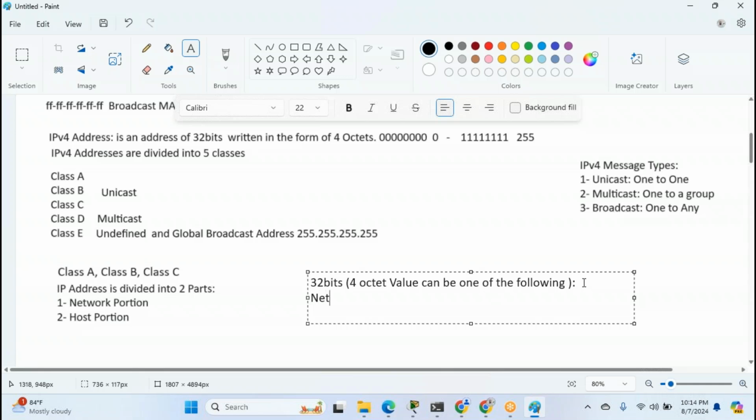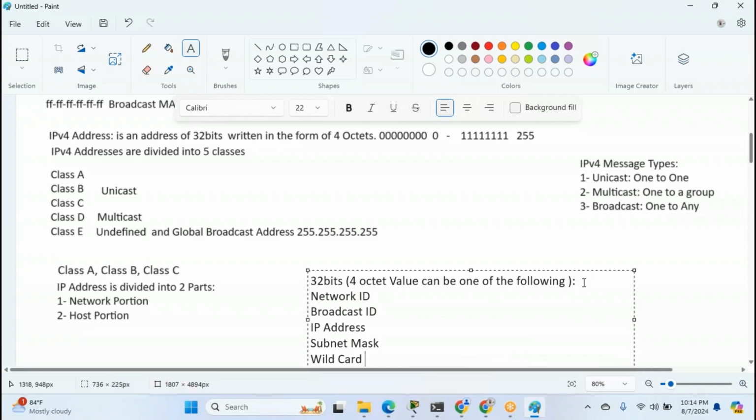The first option is network ID. The second one is broadcast ID. Another option is IP address. Another option is subnet mask. Another option is wildcard mask. When we are talking about IP address, we keep these two a little bit separate.